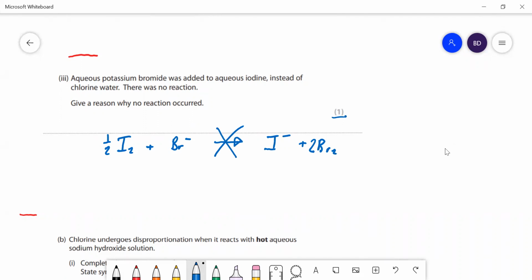Okay, now it's not going to be good enough to just give a GCSE explanation there and say bromine is more reactive than iodine. You've got to talk in terms of electron transfer. So what I would say is that I2 doesn't want the electrons as much as Br2 does, so I2 is a weaker oxidizing agent than Br2. That's what I would say.